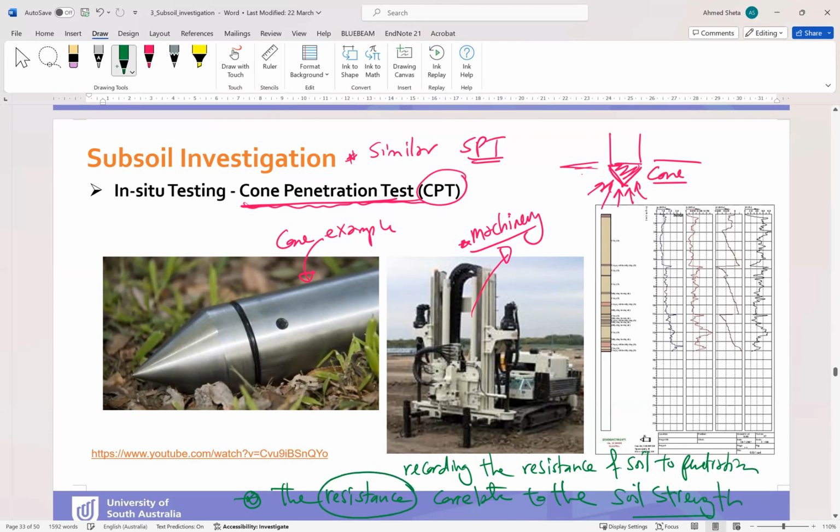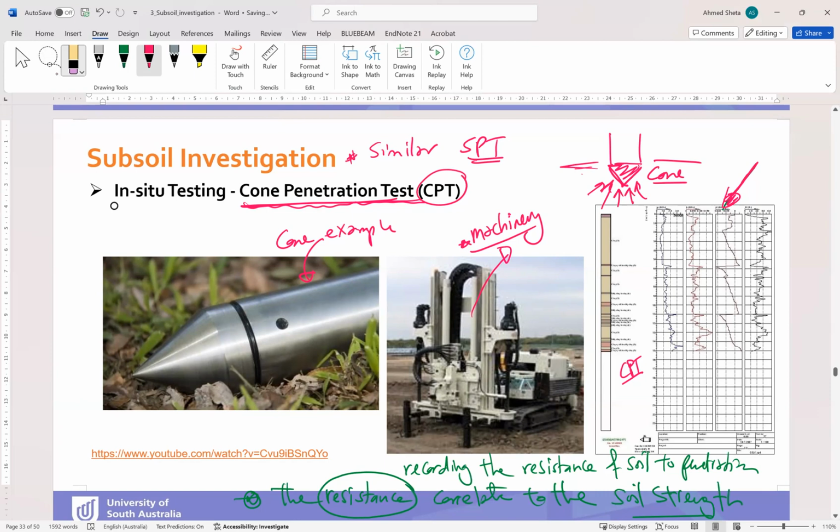And here is an example of the outcome from the CPT test. As you can see, here are some pulses which indicate how much the resistance of the soil is.